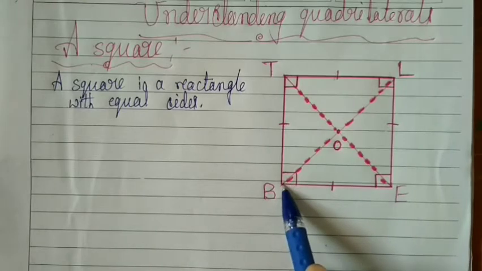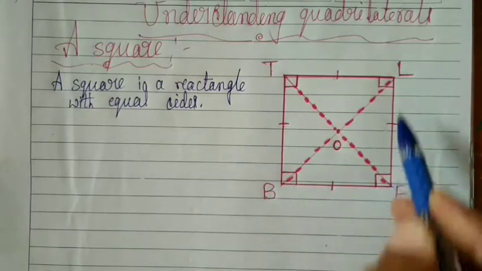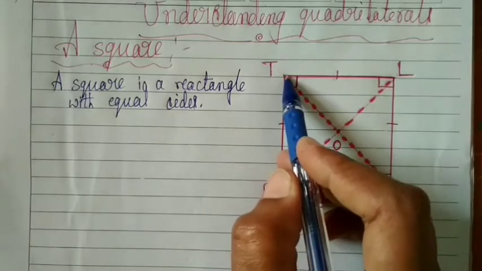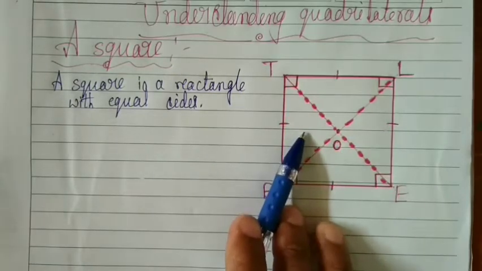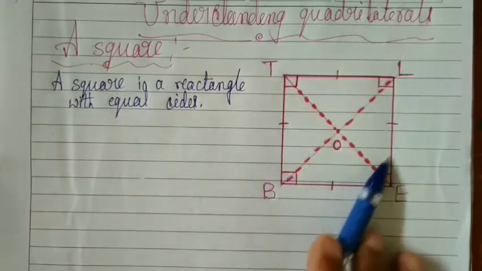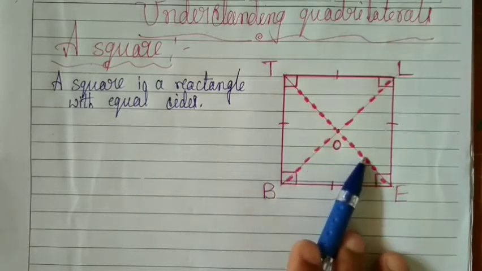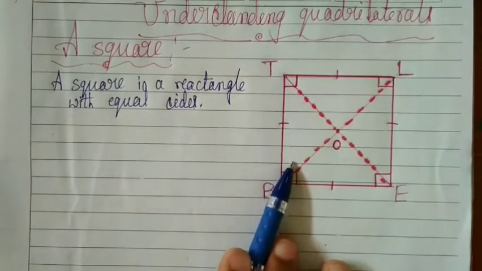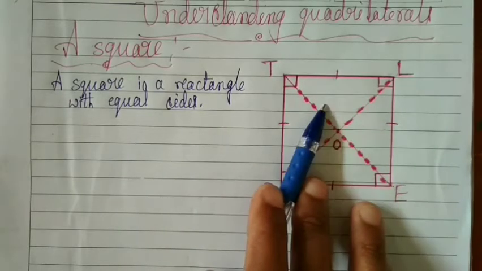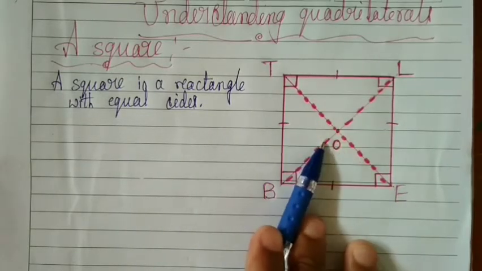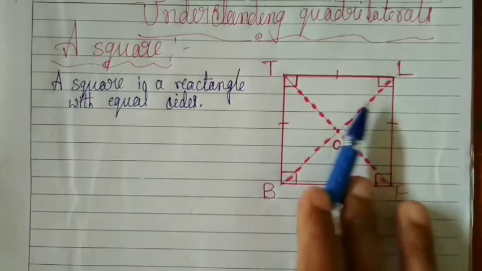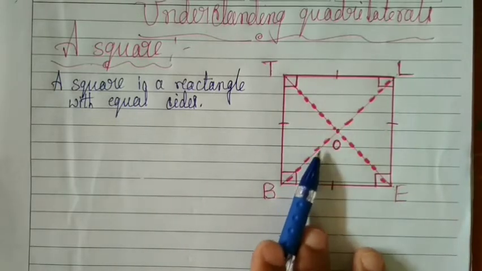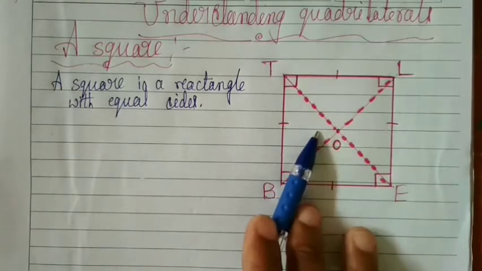TB is equal to BE is equal to EL is equal to LT. This means a square has all the properties of a rectangle with an additional requirement that all the sides have equal length. A square, like the rectangle, has diagonals of equal length.